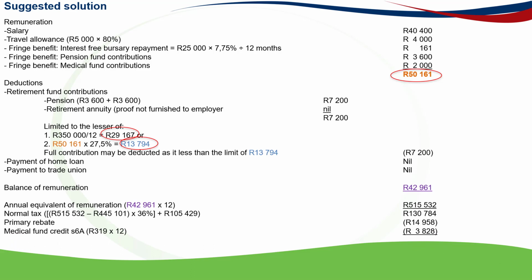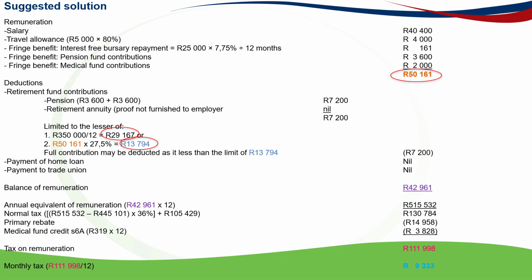So your Section 6A medical credits will be the 319 for the member times 12 months, which will give you 3,828. The monthly employees tax on the remuneration. So remember this 111,998 is the annual amount.